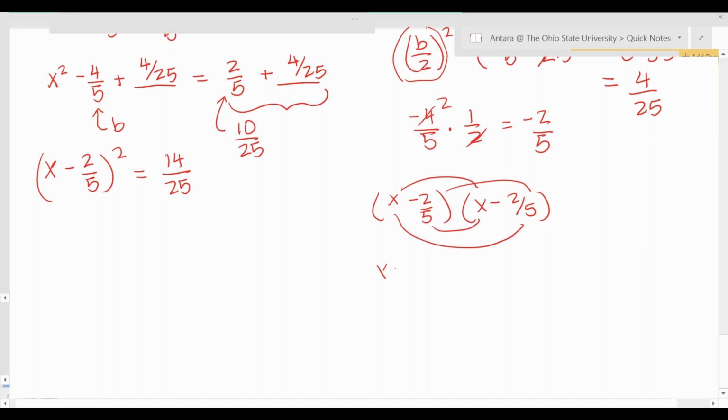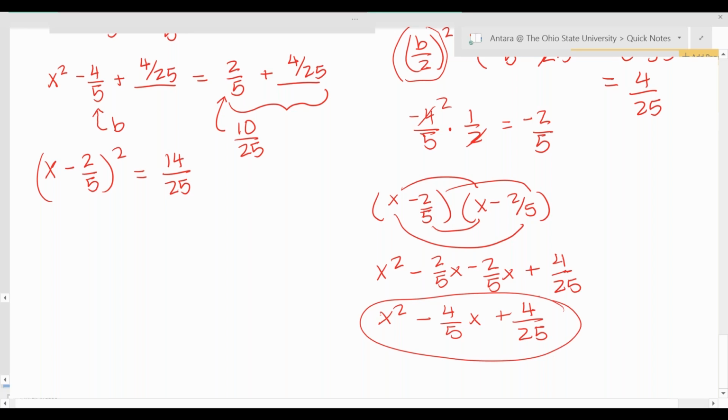So you have x squared minus 2/5 x minus another 2/5 x, plus 4/25. And it comes out to be x squared minus 4/5 x plus 4/25. That's exactly what we had on the left side, so it's all good.